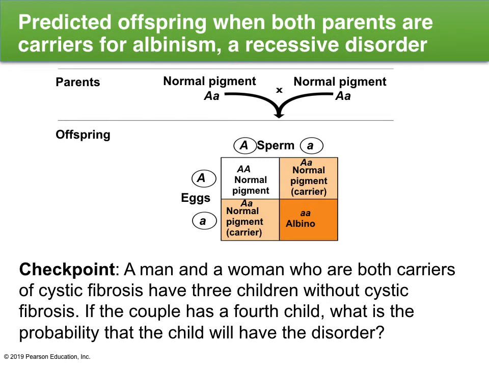It's not something where you have to have 4 kids and one of those 4 is going to show albinism. They could have 6 kids and all of them have normal pigment. When you hear of something skipping a generation, it's typically where you see something like these parents, you see no albinism in the parental generation, but it pops up in the F1 generation, or the offspring of those parents. Sometimes you could have something that's carried around for a while and you don't see the recessive pop up.